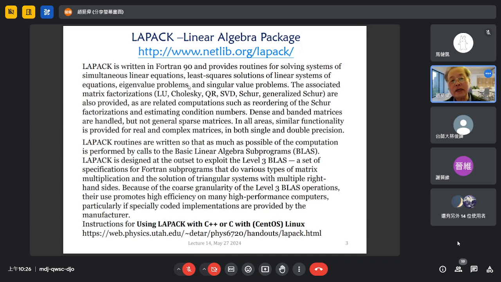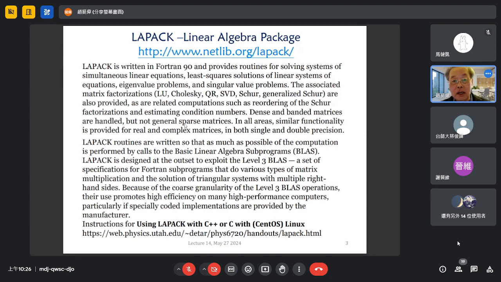There are many matrix operations that LAPACK can solve, but they are mostly for dense and band matrices, and not general sparse matrices.